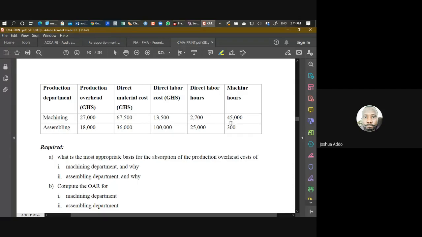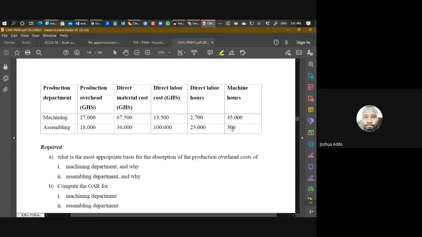And you see the reverse in terms of machine hours: 45,000 machine hours in the machining department and 300 machine hours in the assembling department.